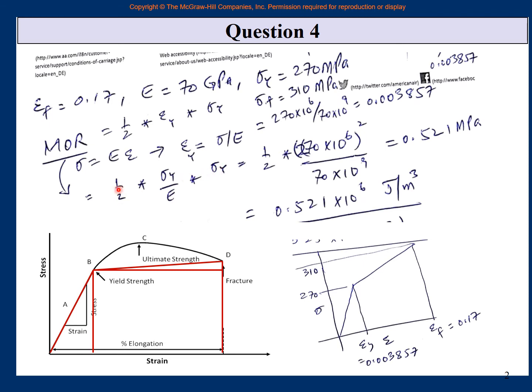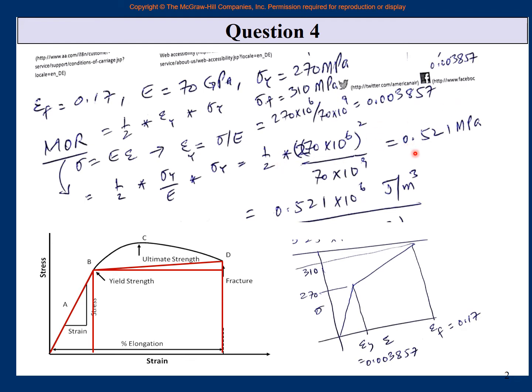So you can also write half sigma y square upon E, without finding epsilon y. But you will have to find it later also. In some books, they say that the modulus of resilience is directly half sigma y square upon E. So that can also be done, or half epsilon y into sigma y. Both will give you the same answer.